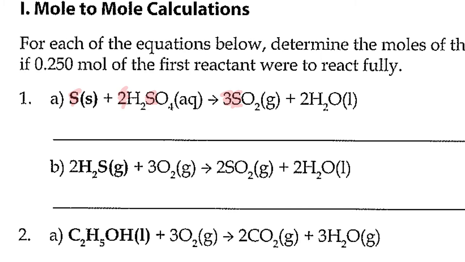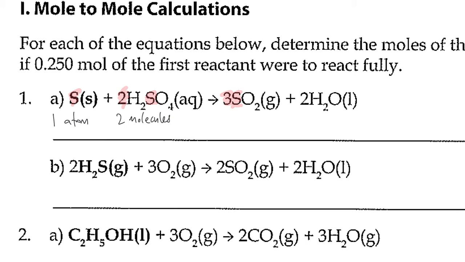So the idea would be something along the lines of this. If I have one molecule, or one atom of this one because it's actually an atom, I would need 2 molecules of this to react with it.